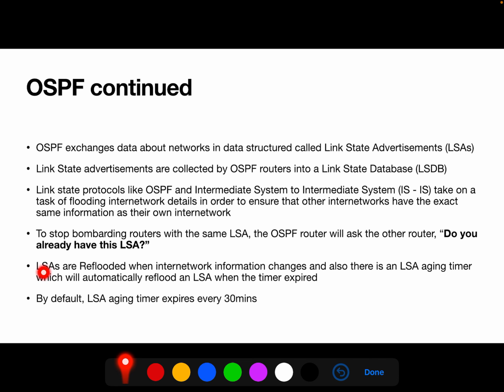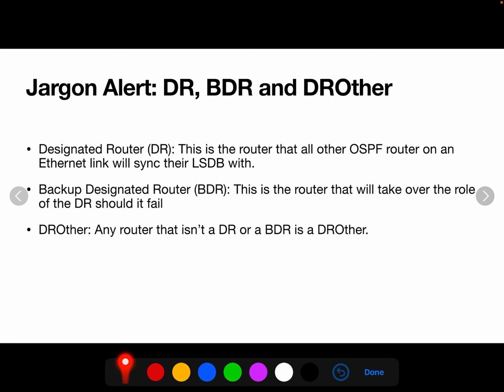So, two things there. LSAs are flooded when inter-network information changes. If a link goes down or a link goes up, then LSAs are reflooded. But also by default, when that timer expires, every 30 minutes. So that's two ways LSAs are being reflooded: there's a timer, and there's also when the inter-network information changes.